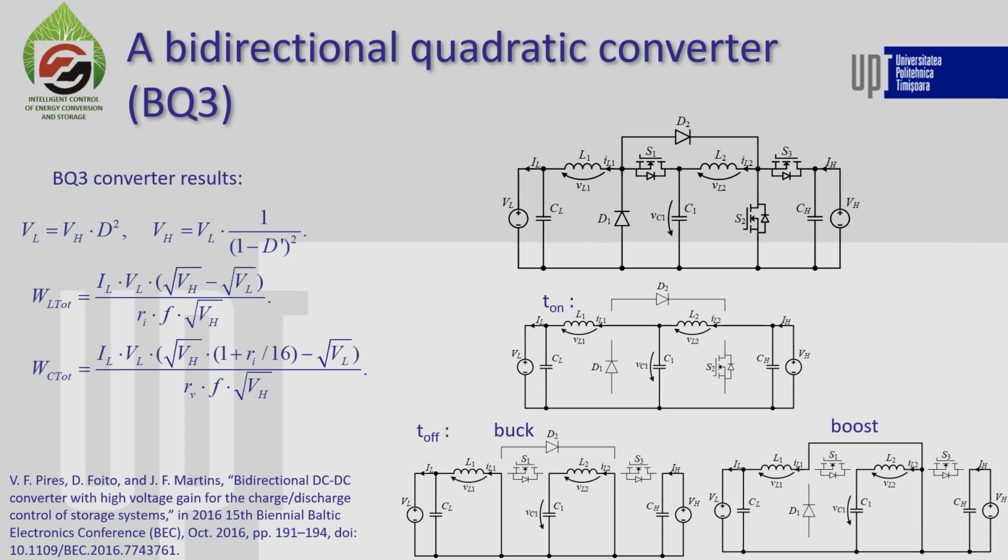And because of this, we can expect to have the same mathematical results. Of course, because of the additional diodes, the total active switch stress is actually higher in this case.